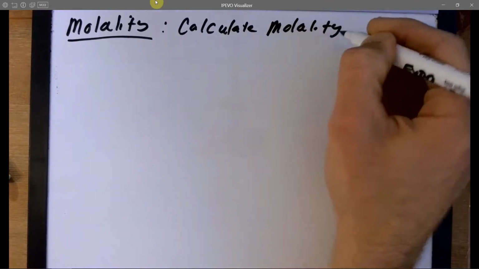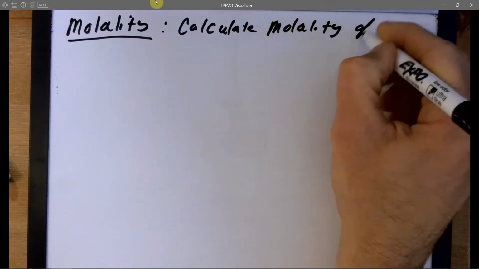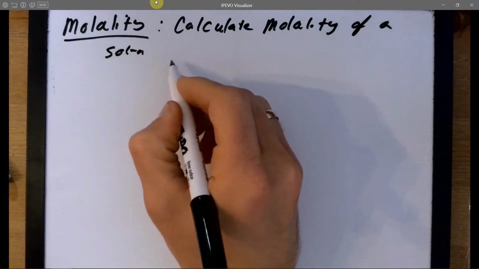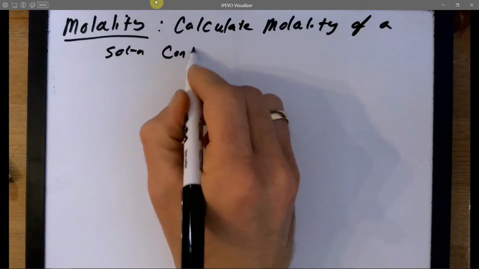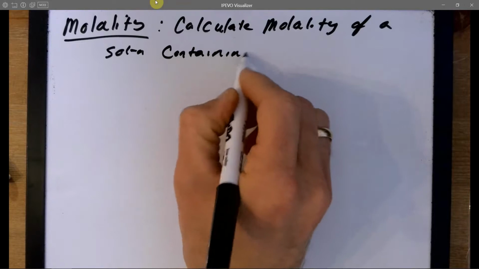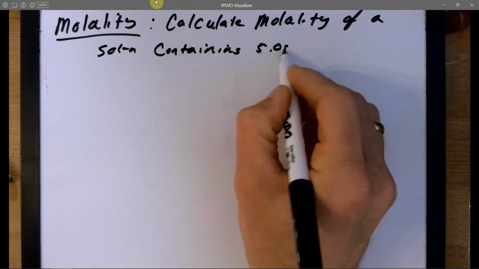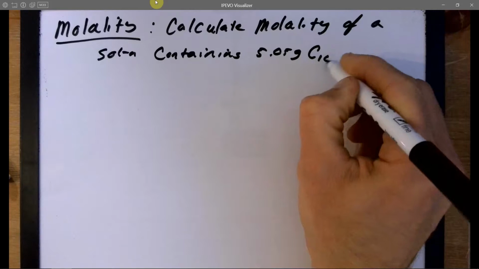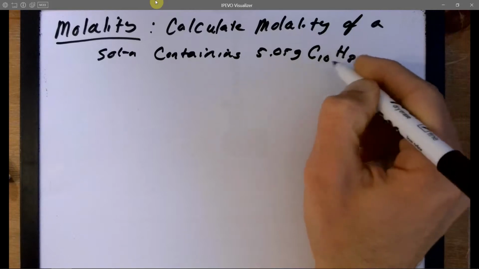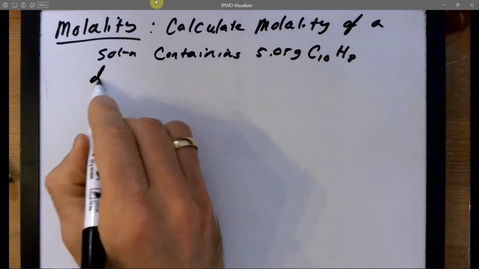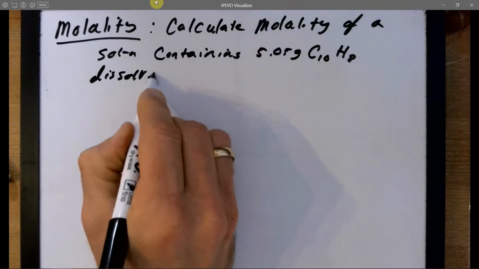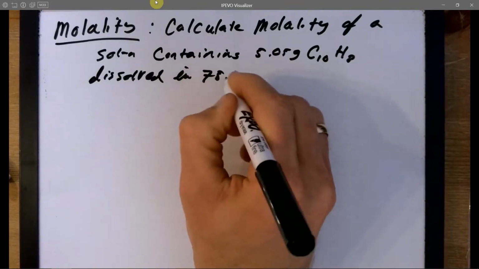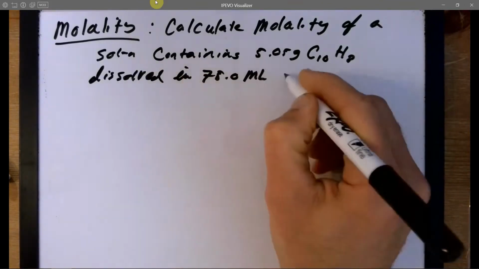Molality of a solution containing 5.05 grams of C10H8 dissolved in, so I chose this on purpose because it's not water, dissolved in 75.0 milliliters of benzene.